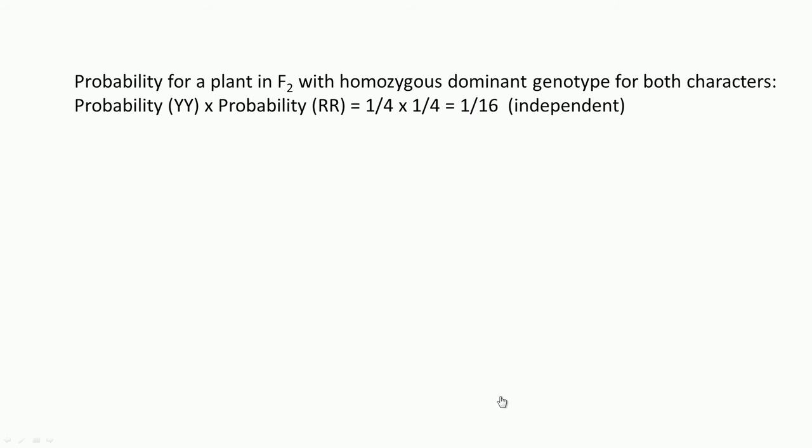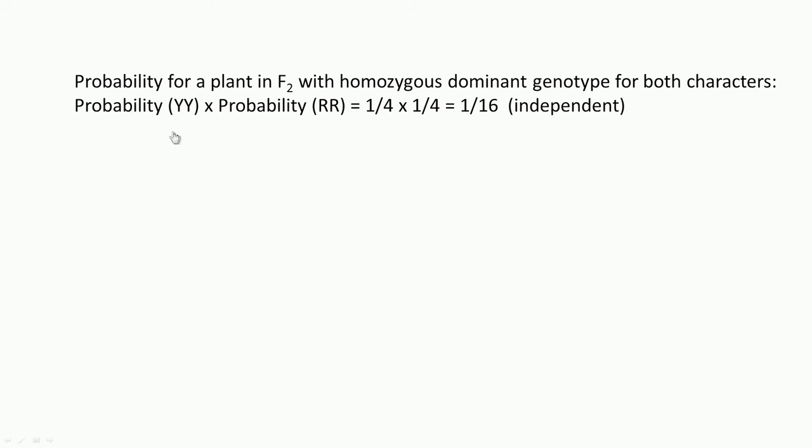In terms of probabilities, what is the probability for a plant in F2 with homozygous dominant genotype for both characters? What does it mean? Homozygous means both should be the same. Dominant means in our terminology both should be capital.